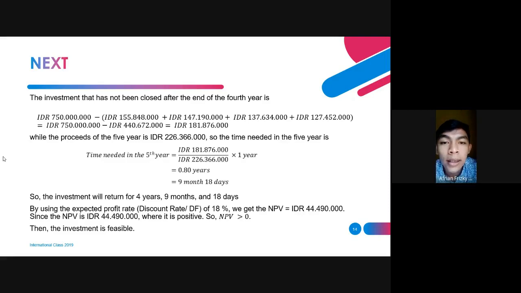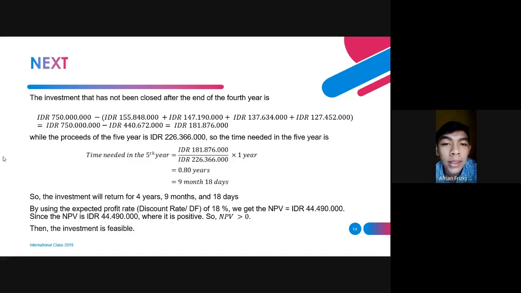So we get the result of 0.18 years, which is equal to 9 months and 18 days. So the investment will return in 4 years, 9 months, and 18 days.